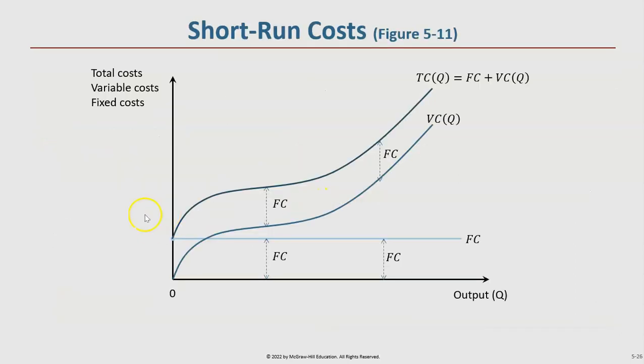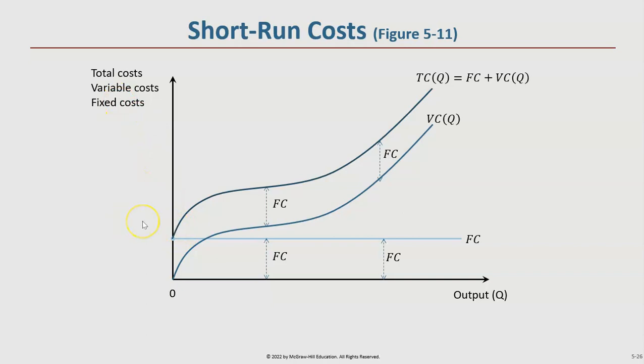Okay, the short run cost curves take on a particular shape in a typical production process. The short run cost curves are graphed with output on the horizontal axis and money, where we find total, variable and fixed costs, on the vertical axis.